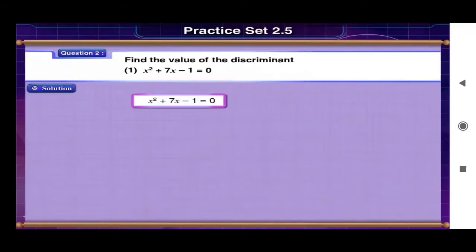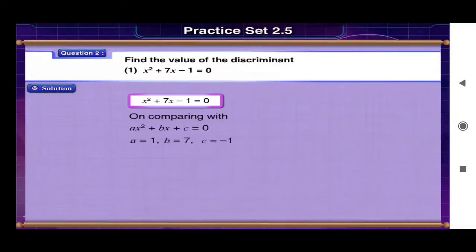Question 2. Find the value of the discriminant. 1. X square plus 7x minus 1 is equal to 0. On comparing with ax square plus bx plus c, we get a is equal to 1, b is equal to 7, c is equal to minus 1.